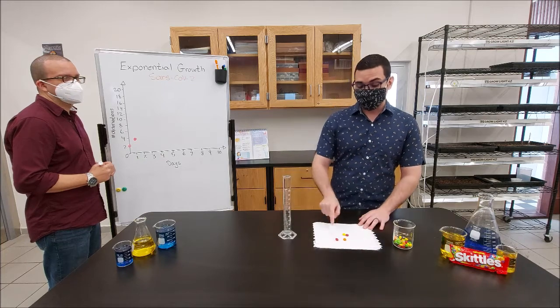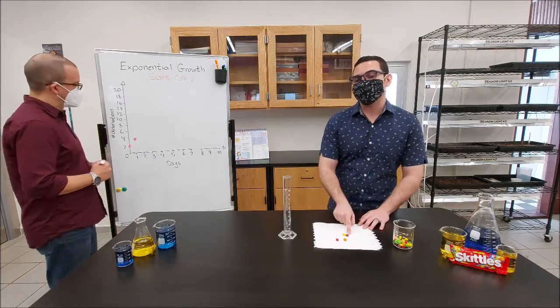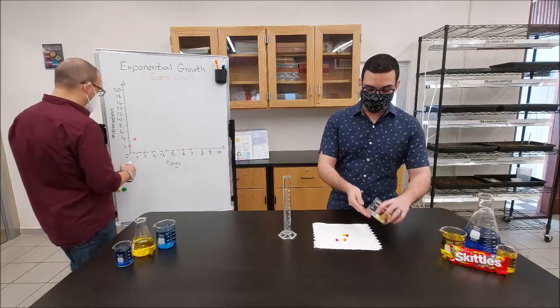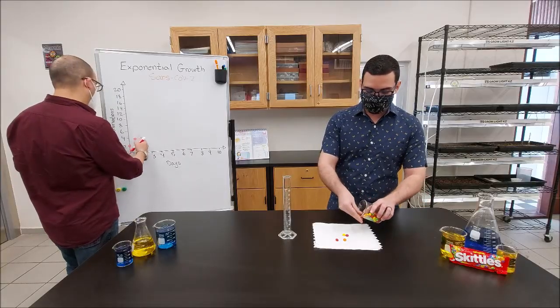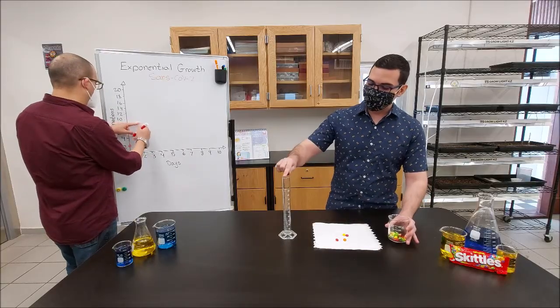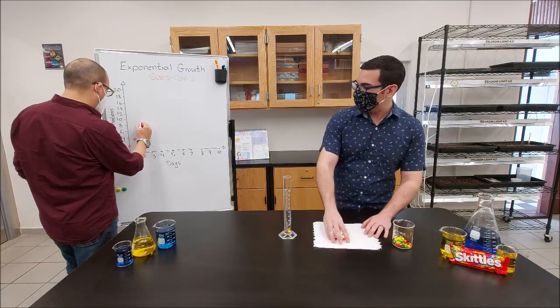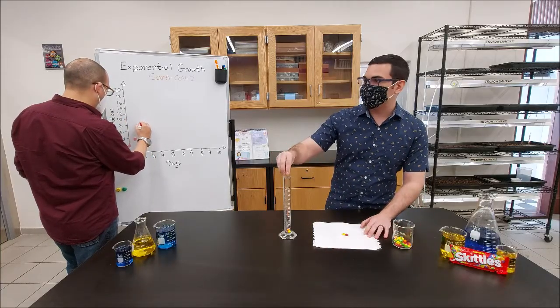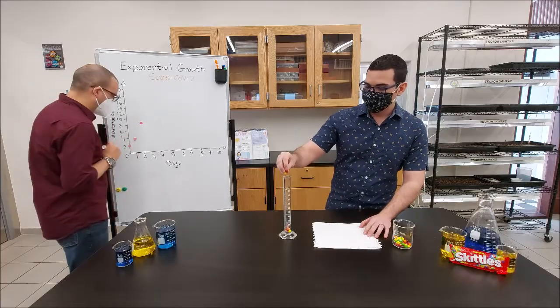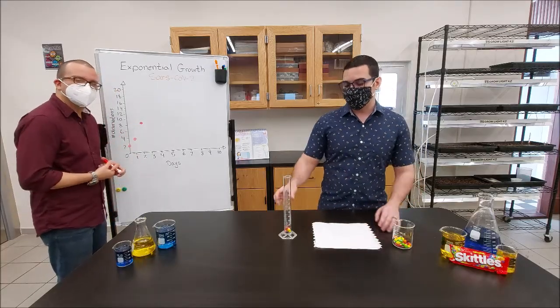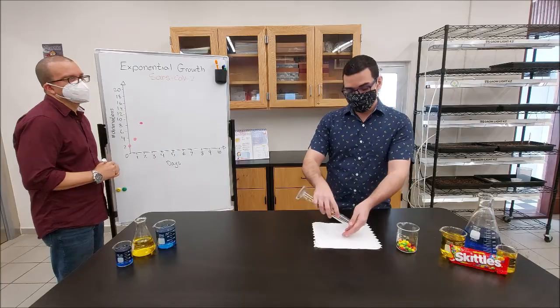And now we have that 3 of the 4 Skittles landed facing up. So we got 3 more infections. We're going to add those to our graduated cylinder. So 4 plus 3, we got a total of 7 people infected on day 2. Let's run another trial now that we have 7. Okay?